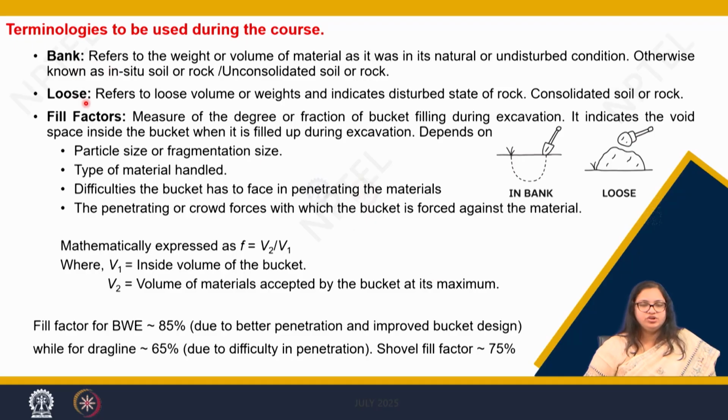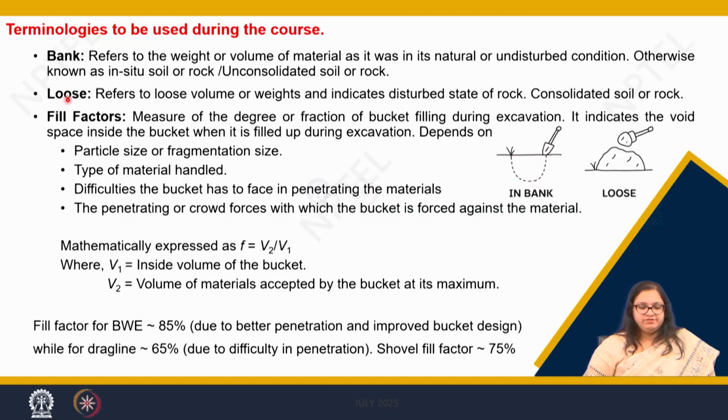So what do we call a bank? It refers to the weight or volume of material as it was in its natural or undisturbed condition. So you see here the soil or the rock is in bank, it is in virgin state, it is not disturbed. We also call it unconsolidated, if it is soil we call it unconsolidated soil or rock.